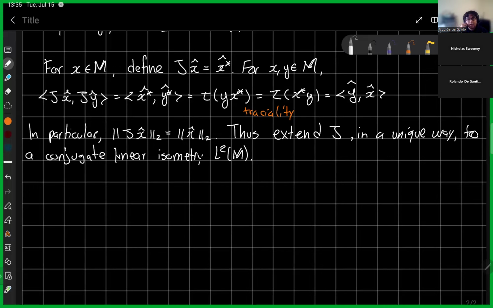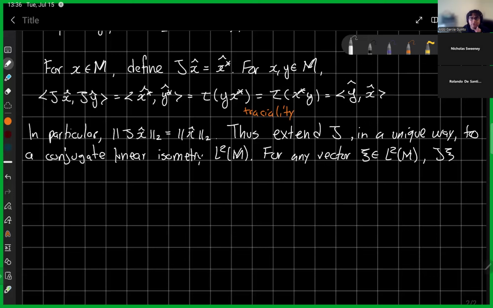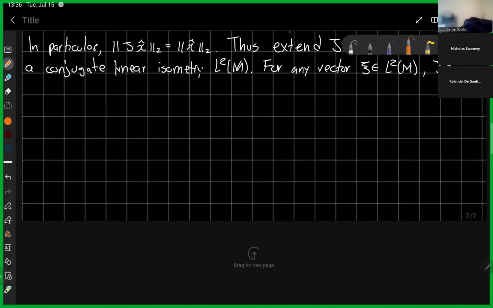Notice that for any vector in general, you have no idea what this looks like. You only know what it does to elements of M hat. So just something to note.